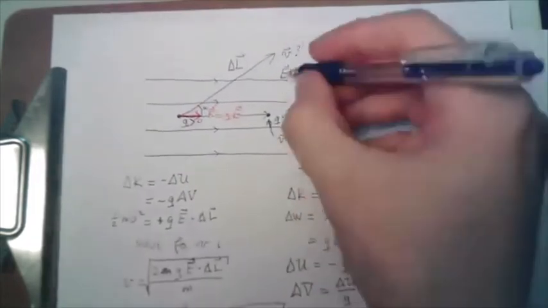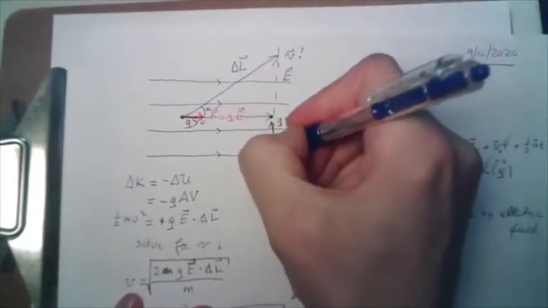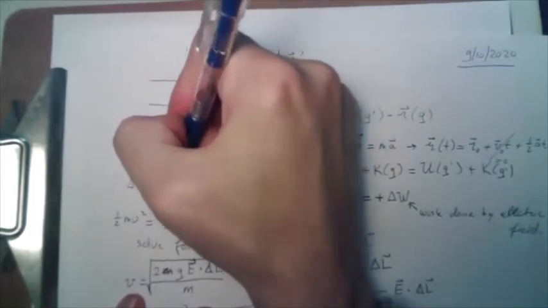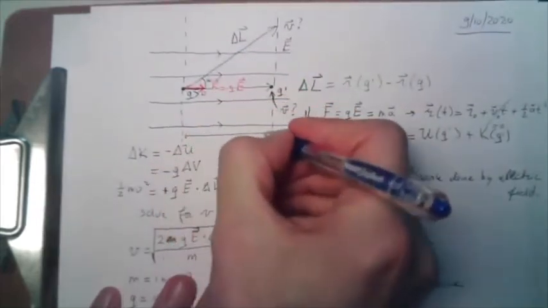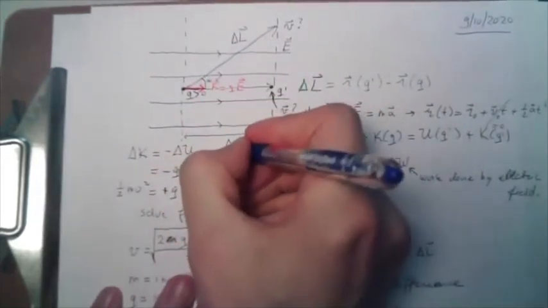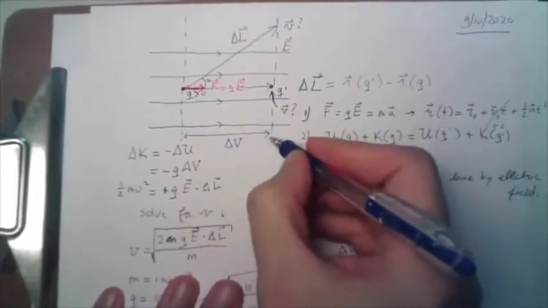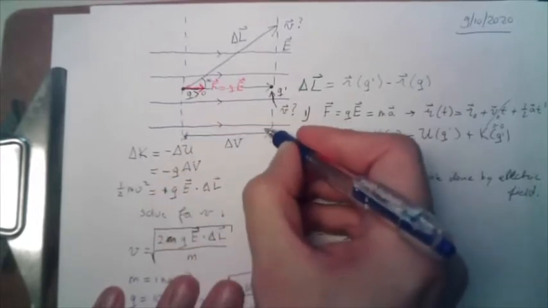So in other words, we can say, from here to here, we always have the same potential energy change. And it's going to be delta V between these two, and actually delta V is in this direction. Let me make that super clear.